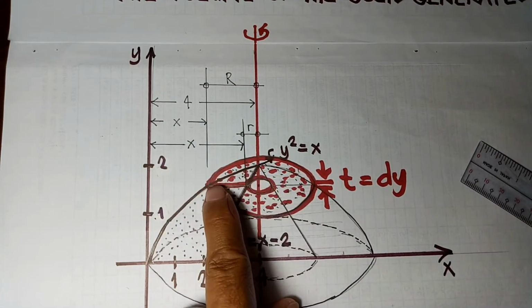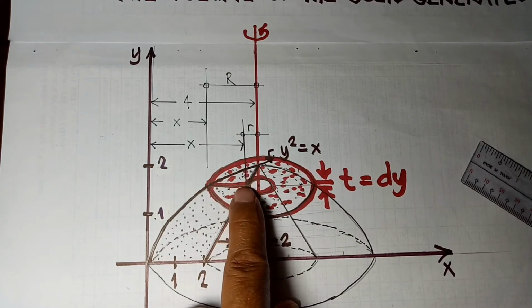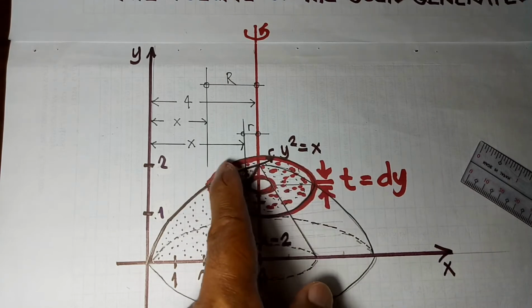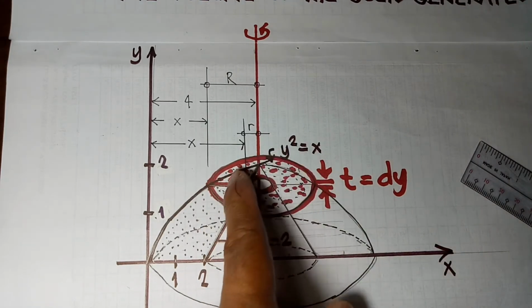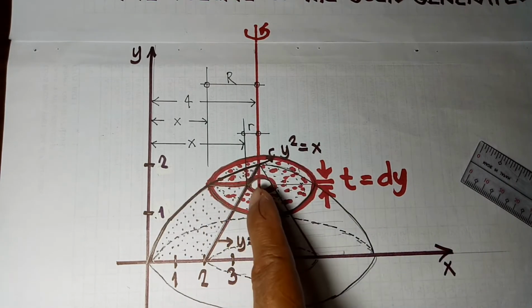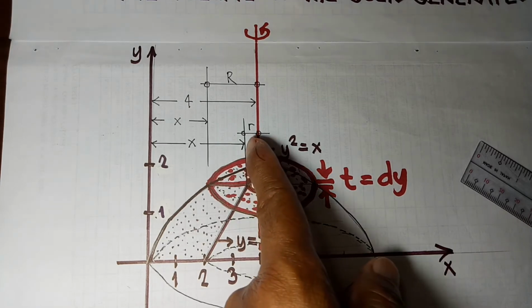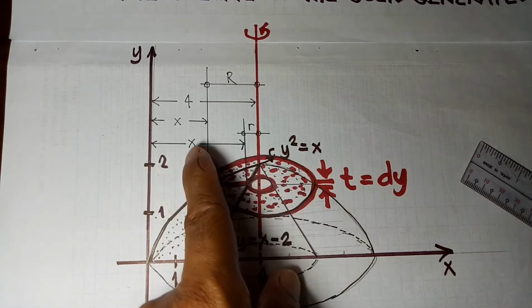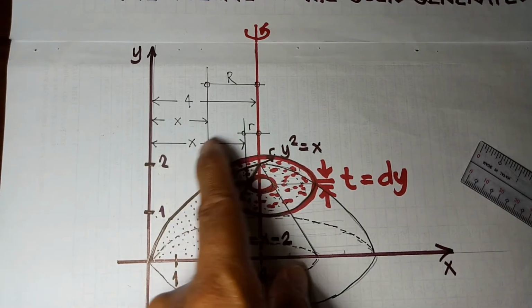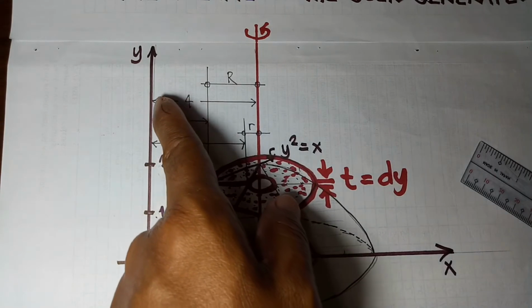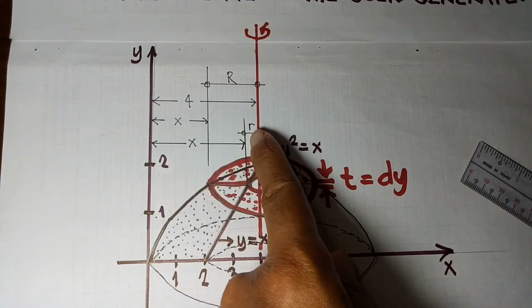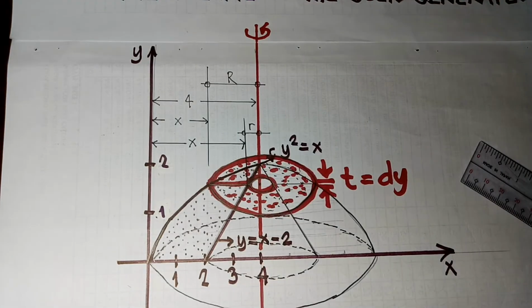Dahil ginuhit natin itong horizontal line na ito, na nirotate natin sa x equals 4 na siyang bumuo ng ating circular washer, hindi natin siya sinukat yung distansya na ito, from y up to here. Kaya siya x variable. So, kung itong distance na ito ay 4 at ito ay x, therefore, yung small r ay 4 minus x din.